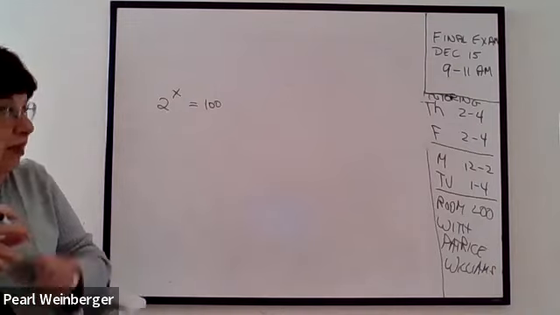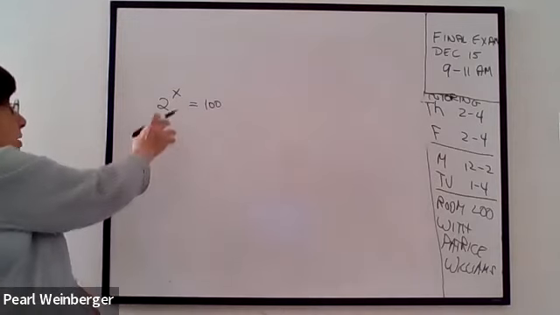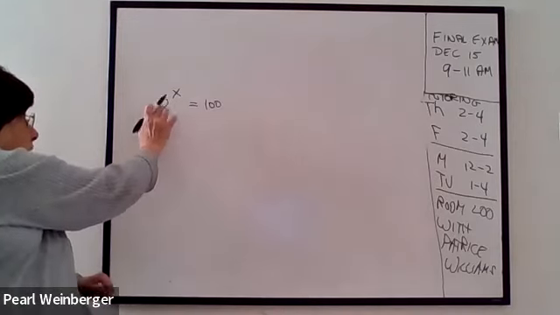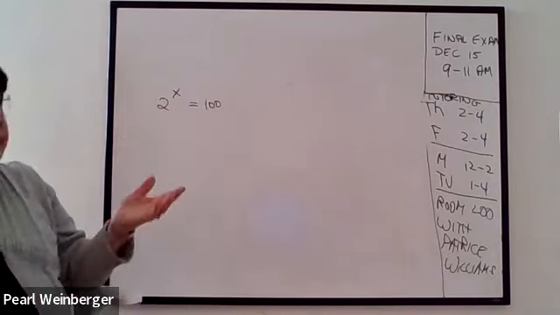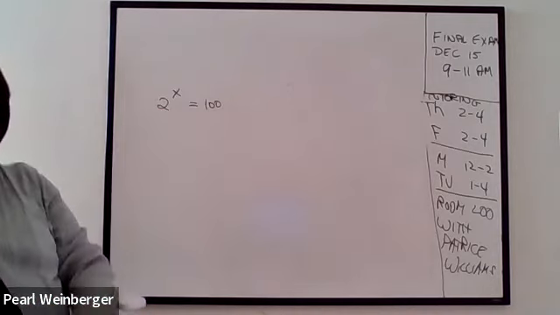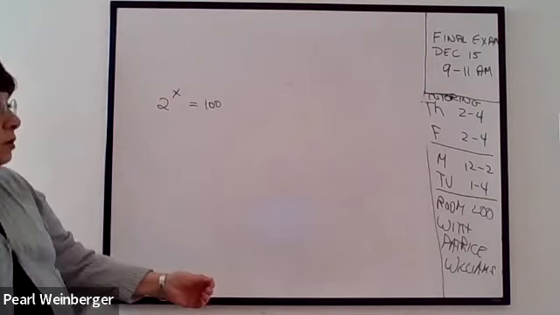Okay, let's do this together now. So again, we have this situation where we have 2 to some number x equals 100. It's an exponential equation.